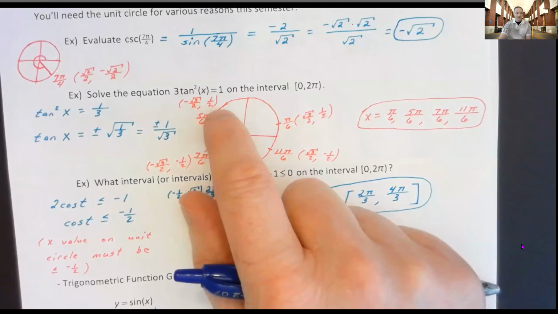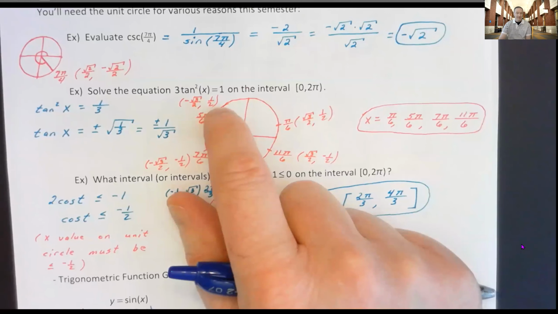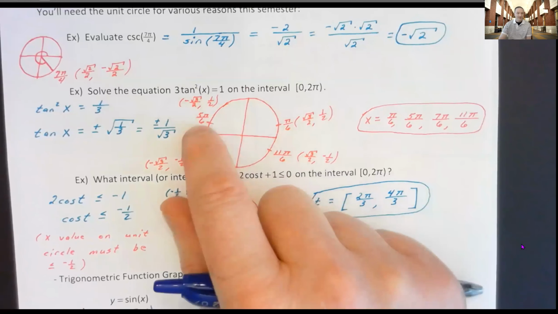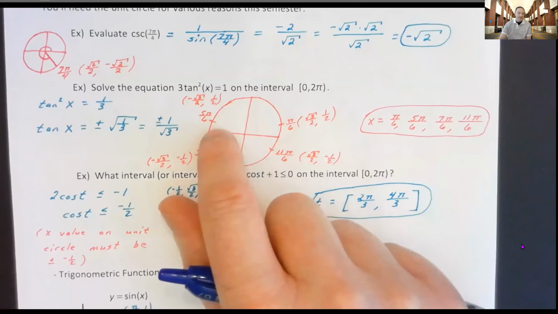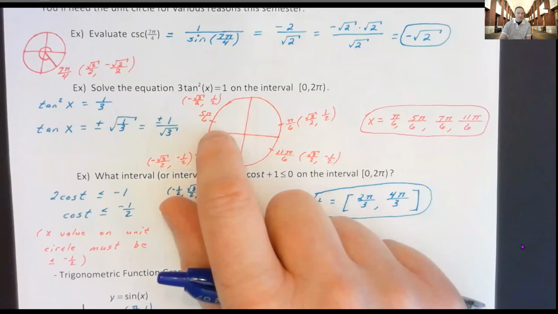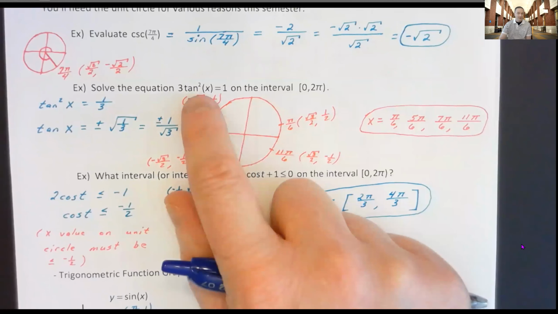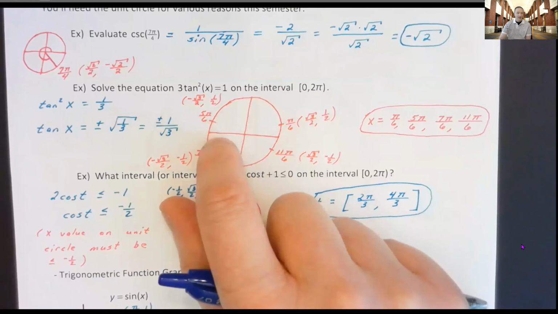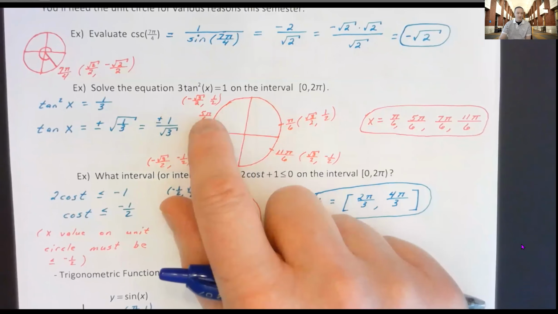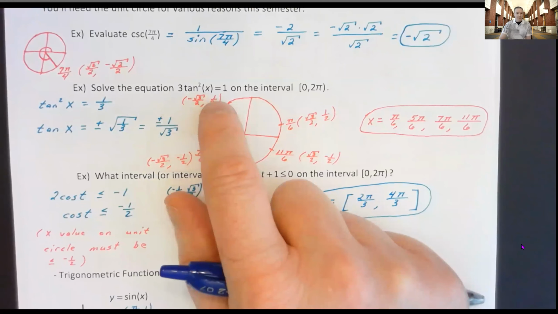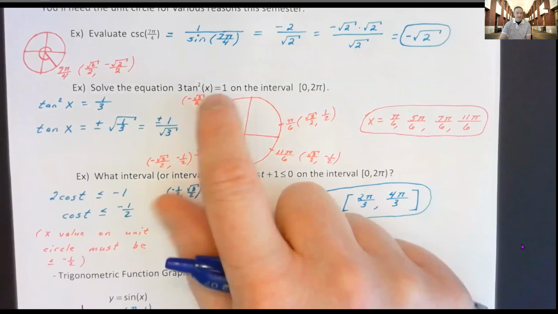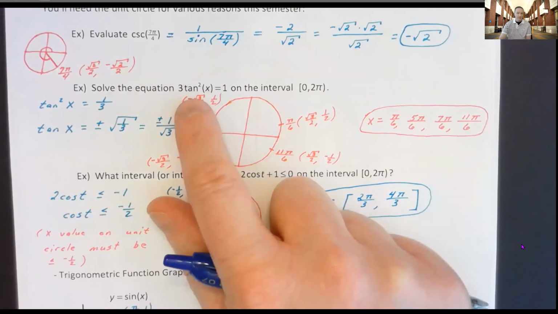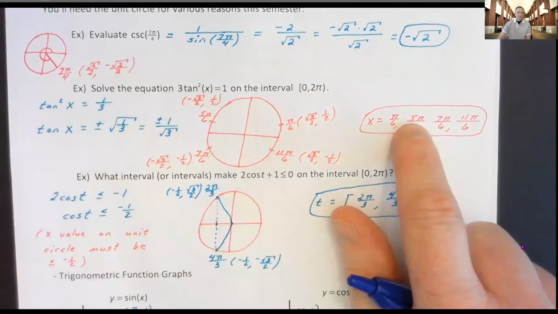It's not going to be at 3 pi over 4 because that's when the x and the y move the exact same amount, the square root of 2 over 2. But at 5 pi over 6, the x component moves the square root of 3 over 2 units to the left, so it becomes a negative square root of 3 over 2, and the y only moves up 1/2 a unit. So I can say, well, at 5 pi over 6, the tangent would be -1 over the root of 3, so I get that solution.